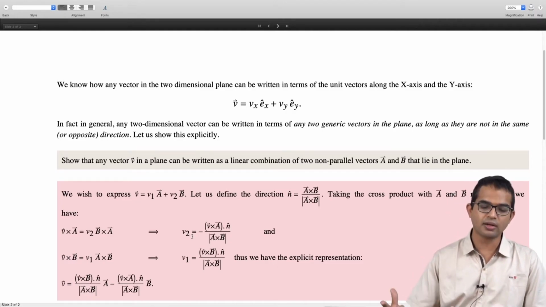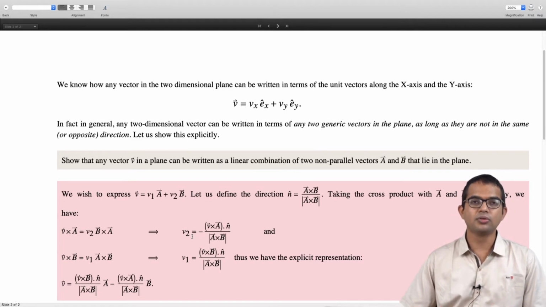So you're given any vector V, and I'm telling you what its component along B must be.